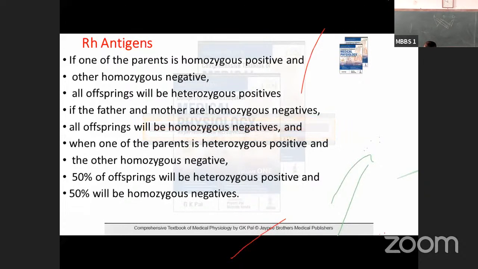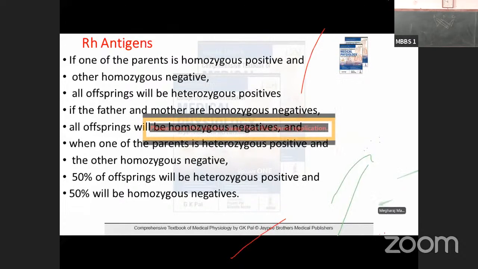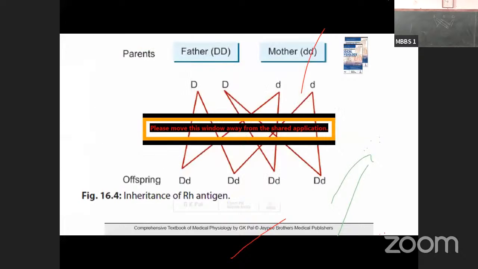If both father and mother are homozygous negative, offspring will be homozygous negative. If one parent is heterozygous positive and the other homozygous negative, 50% will be heterozygous positive and 50% homozygous negative. That is the inheritance of the Rh antigen.